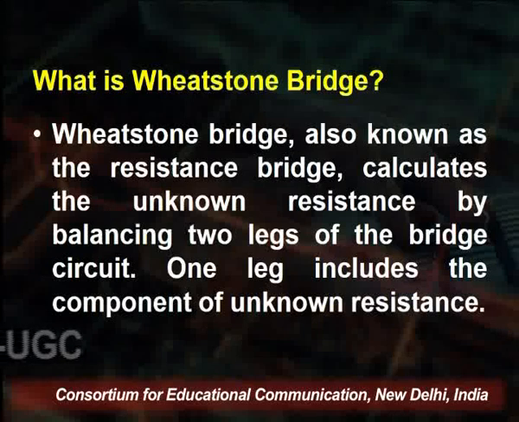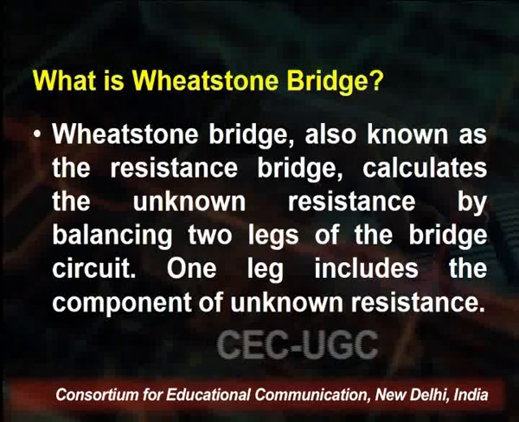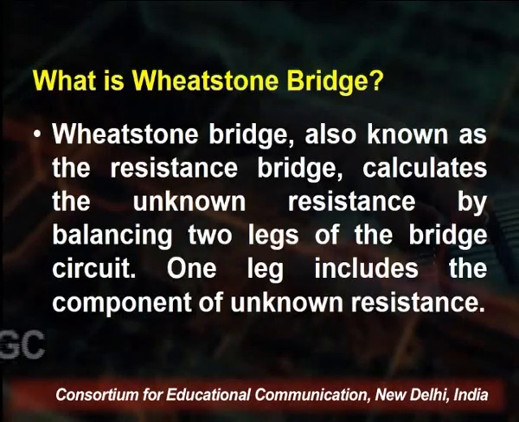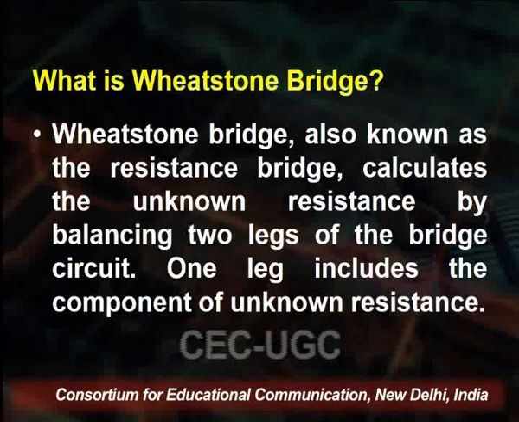Two legs means we have D1, D2, D3, D4. The Wheatstone bridge is one type of resistance bridge which will give the value of the unknown resistance. One leg includes the unknown resistance and another has a different resistance.